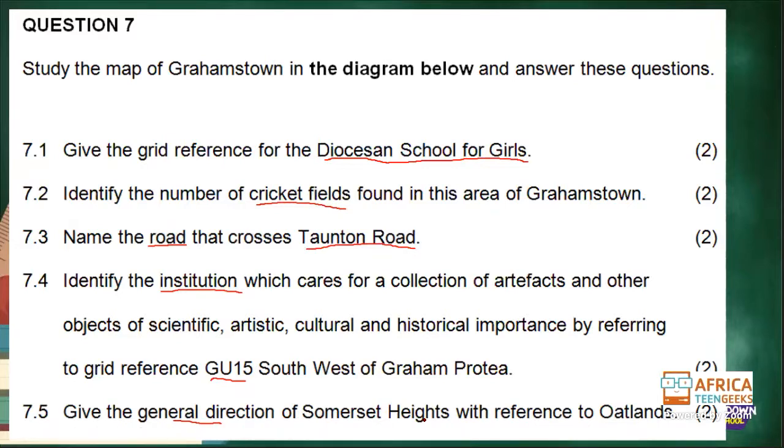Of Somerset Heights with reference to Outlands. Somerset Heights with reference to Outlands, right? Yeah, I'll help you a bit here as well. I want to know the general direction of Somerset Heights with reference to Outlands.